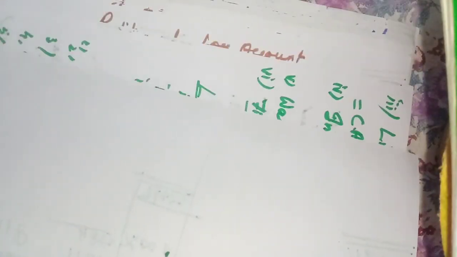11. Now they will ask to prepare everything, isn't it? Prepare trading and profit and loss account in the books of Ramasundari for the year ended 31st December 2017 and balance sheet as on that date from the following information. So first write the number. Okay, 11.